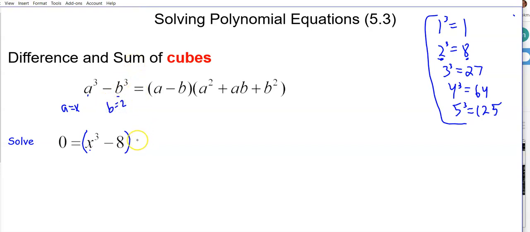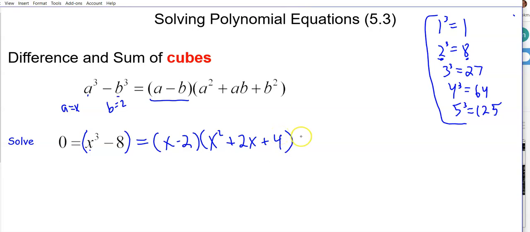If I plug into the formula, A minus B would be x minus 2, times A squared, which is x squared, plus, I'm just using the form that the plus is in the formula, A times B, or 2x, plus, again the formula has a plus sign, B squared, which is 2 squared, which is 4. And of course this is equal to 0 because it says equal to 0.